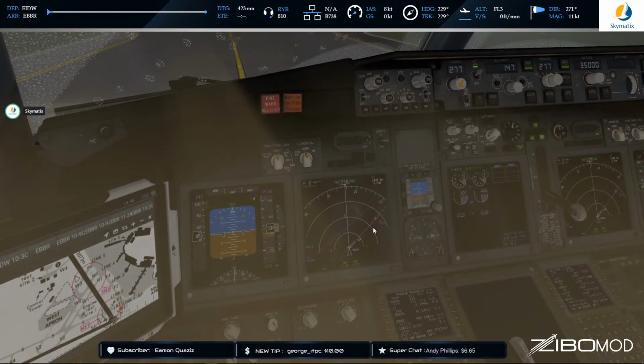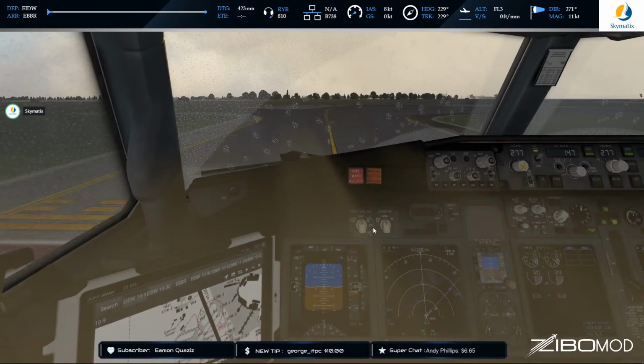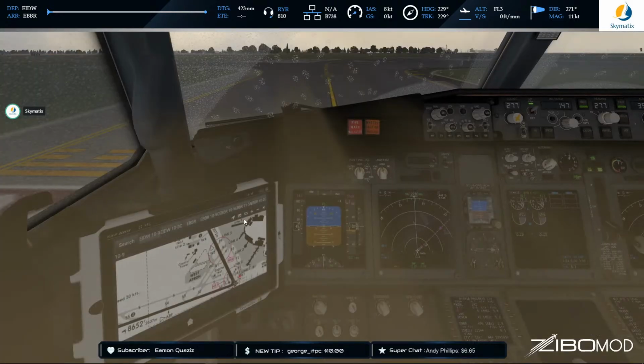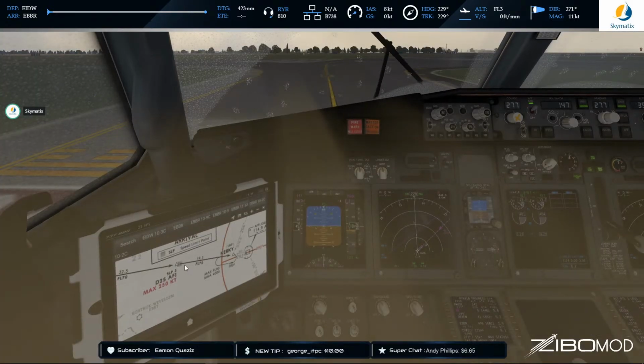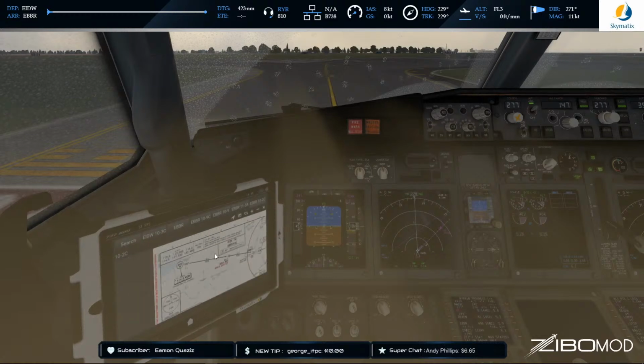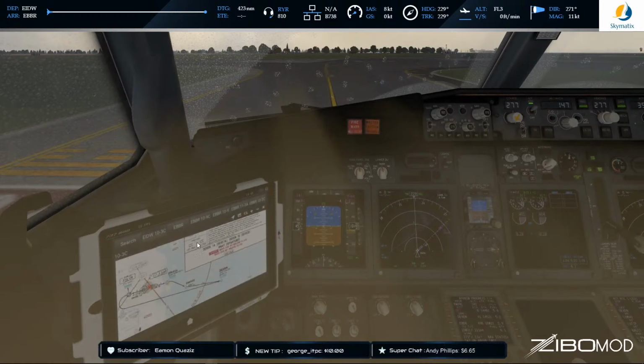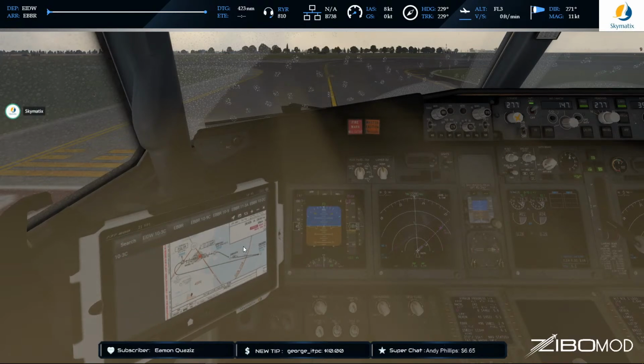Anywhere below that, we would have had to taxi with anti-ice on. So now we have it on, flaps set, everything is set. Let's get rid of this chart, we don't need that one anymore.